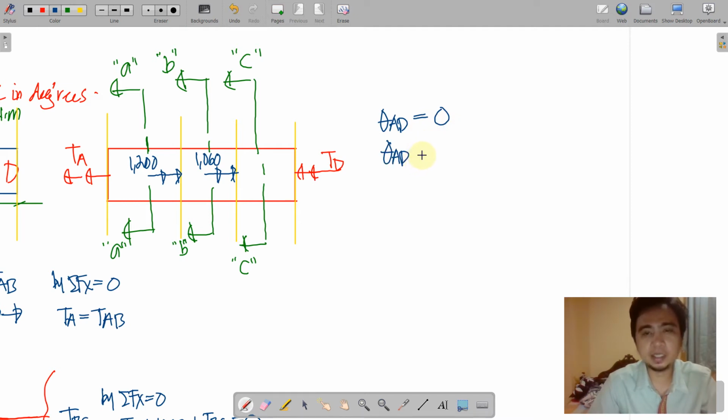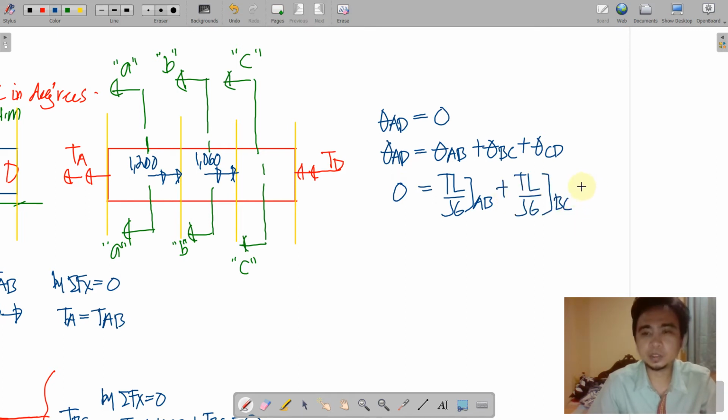Expanding this rotation at AD further, we have theta AB plus theta segment BC plus theta segment CD. We now write 0 as its value, and that is TL over JG of AB plus TL over JG of BC and TL over JG of CD. We just continue. T of AB, remember that this is equal to TA.